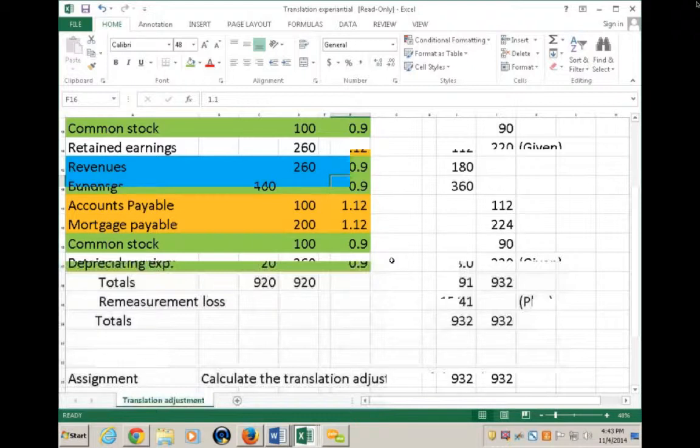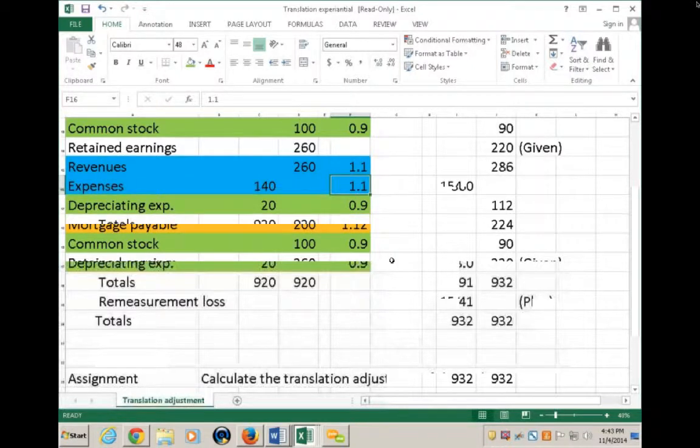So here we have a situation where the functional currency is local. In this environment, we use the current method. And in the current method, for income statement accounts, including sales, we use the weighted average rate for the year.